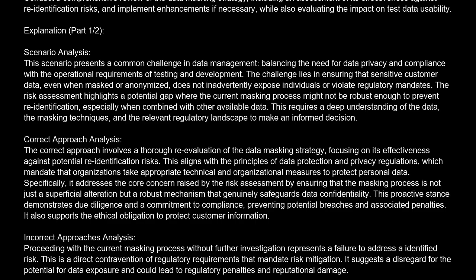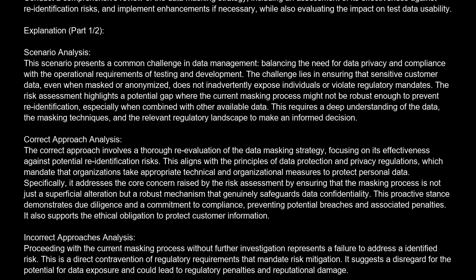Specifically, it addresses the core concern raised by the risk assessment by ensuring that the masking process is not just a superficial alteration, but a robust mechanism that genuinely safeguards data confidentiality. This proactive stance demonstrates due diligence and a commitment to compliance, preventing potential breaches and associated penalties. It also supports the ethical obligation to protect customer information.